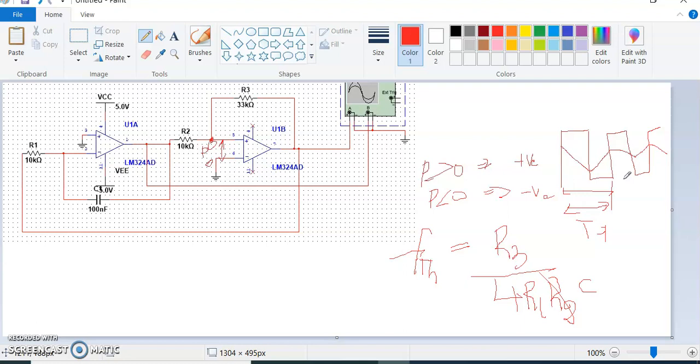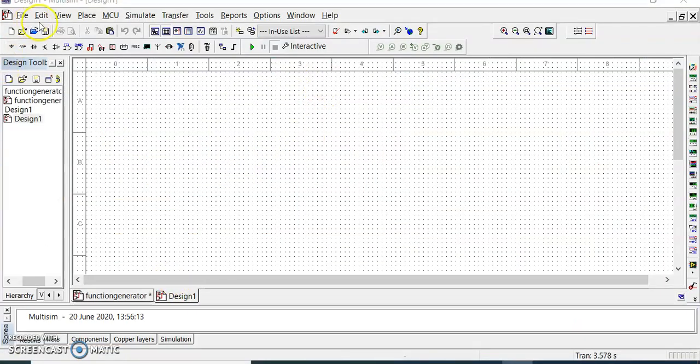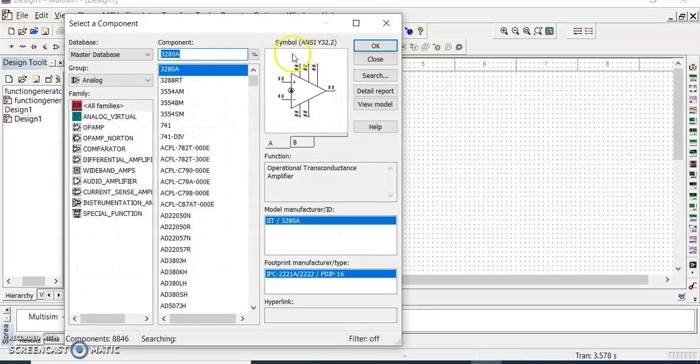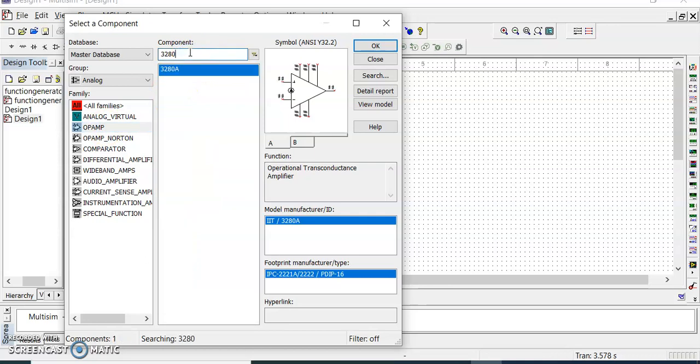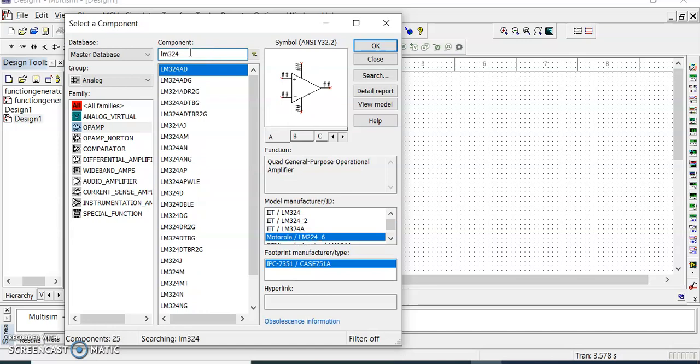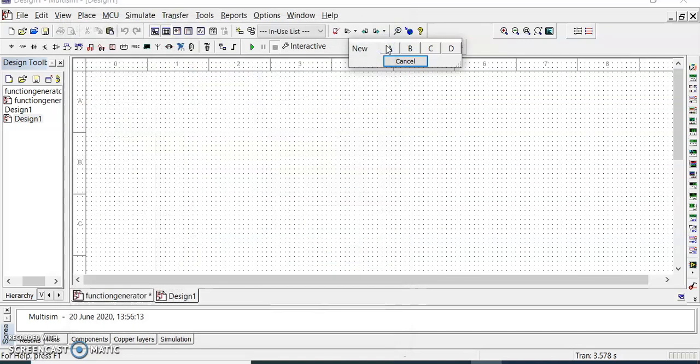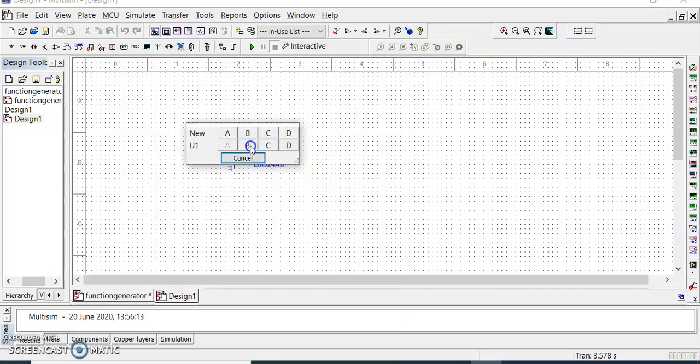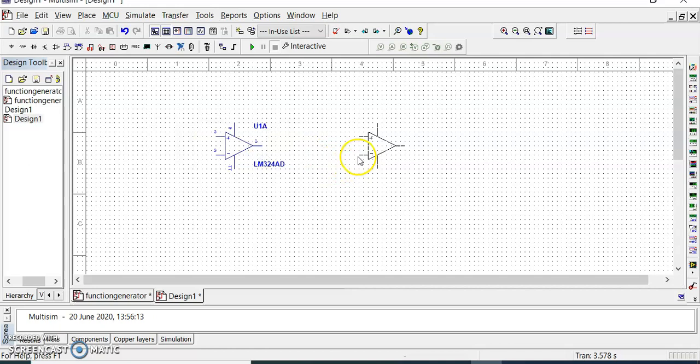Let me execute this in our Multisim software. First take the op amp, LM324 AD. A part and next B part from the same op amp.